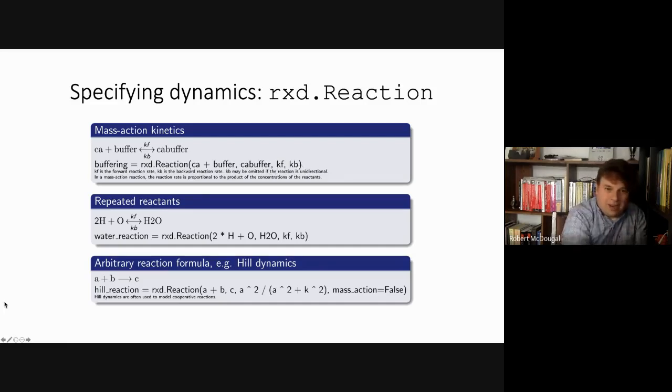Remember, Python has this built-in help functionality, so if you forget what the order is, you can say help(RxD.reaction), and it'll tell you what's there. If you forget what that thing was called within RxD, just do dir of RxD, and it'll tell you all the functions that are available. If you're using Colab, of course, it gives you those auto-completes, which makes life very easy. By default, it's assuming mass action kinetics, but you can specify mass action being false and then just give it the formula instead.